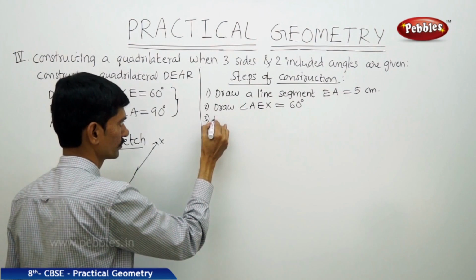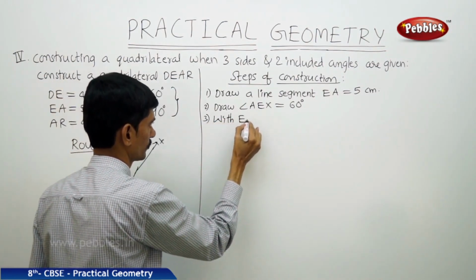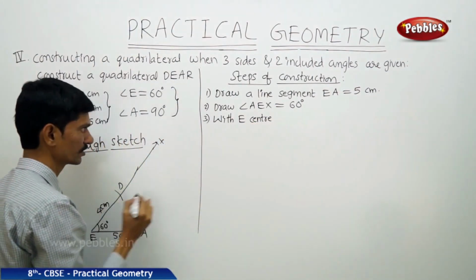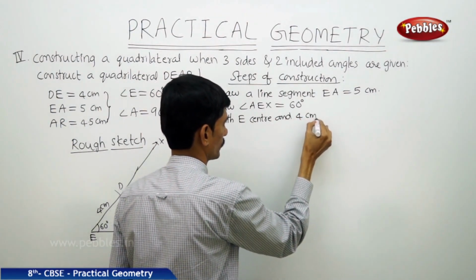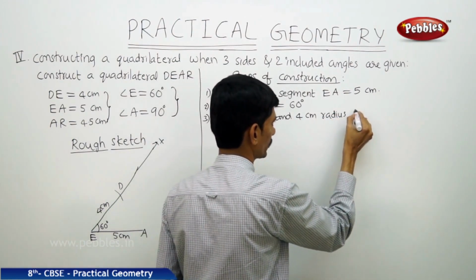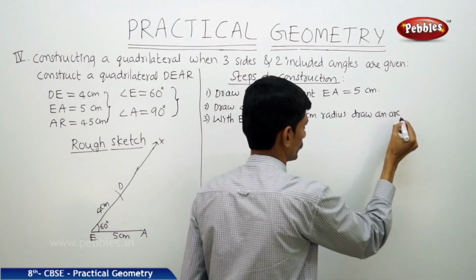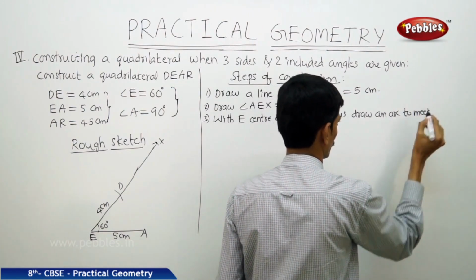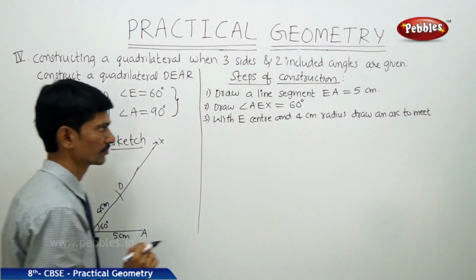With E center and 4 centimeters radius, draw an arc to meet EX ray at D.